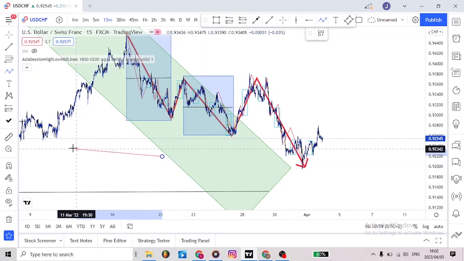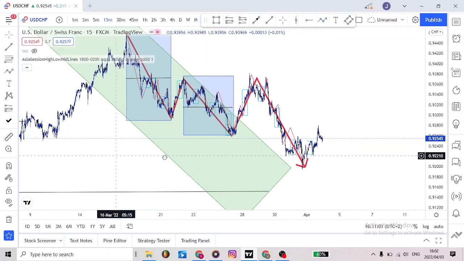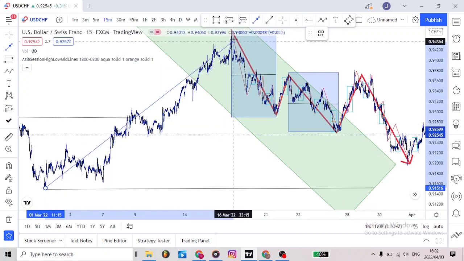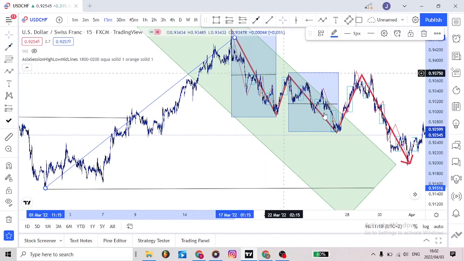Okay, wait, let me just do this. That simply means we were in a what? We were in an uptrend, retracement.